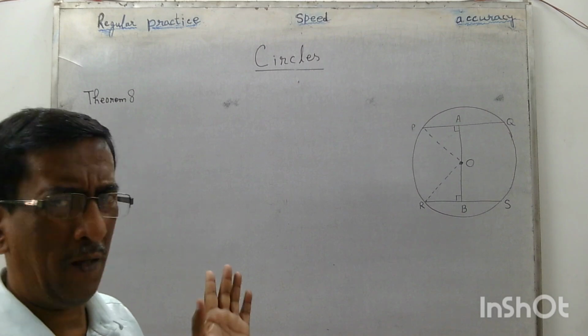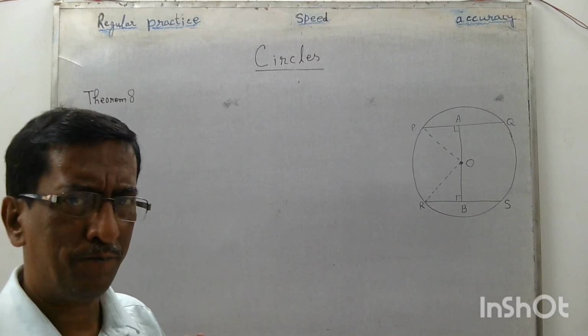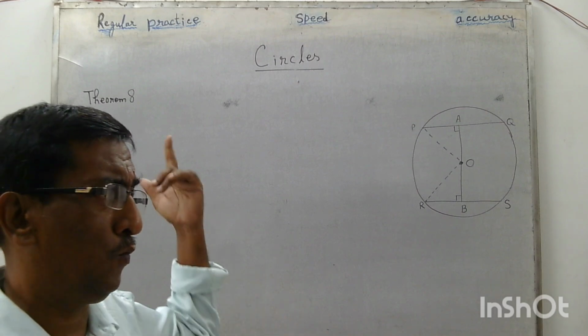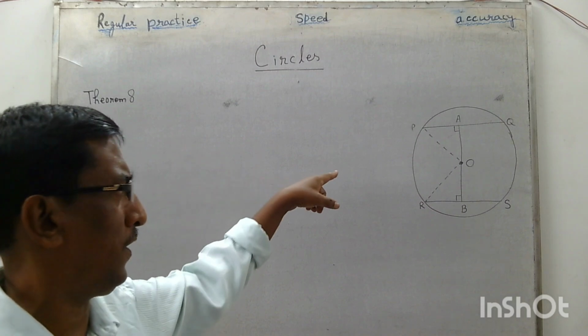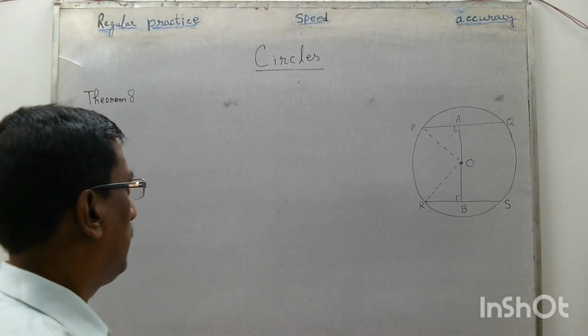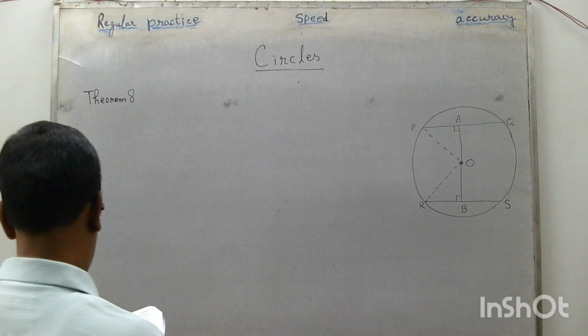तो थ्योरम 7 और 8 जो है रेसिप्रोकल टू ईच अदर, मतलब कि वो स्टेटमेंट जो था उसका कन्वर्स स्टेटमेंट ये वाला है. सो आई राइट द स्टेटमेंट हियर.